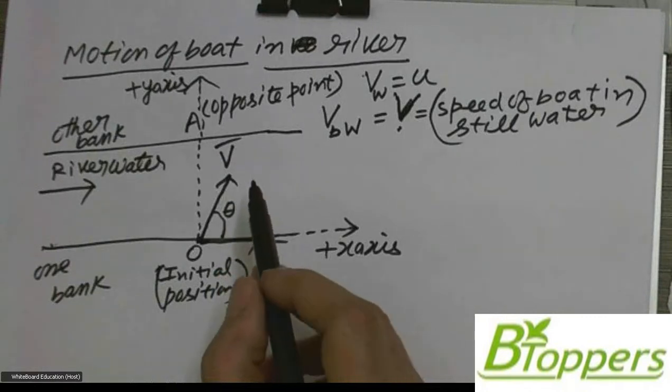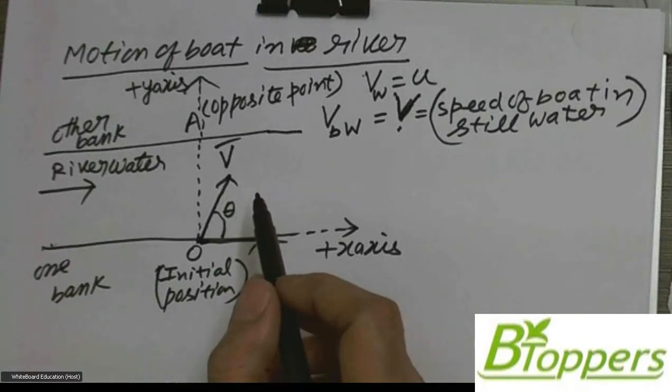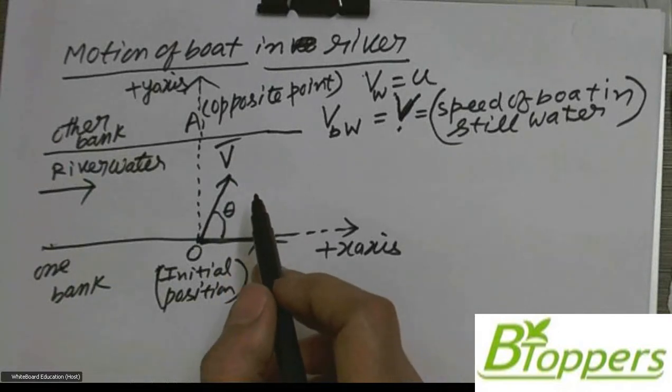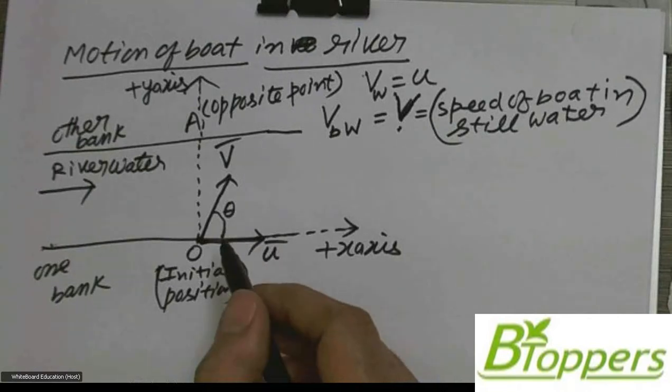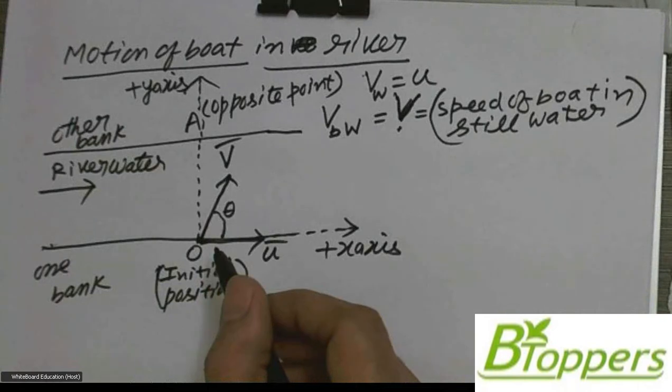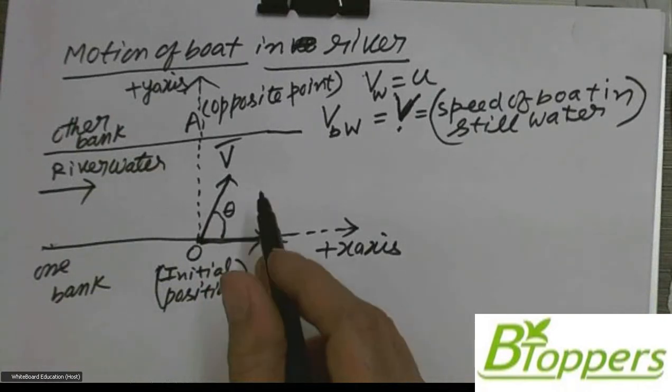Resultant velocity of the boat means it is the velocity of the boat as seen by a stationary observer on one of the banks with respect to the fixed coordinate system.